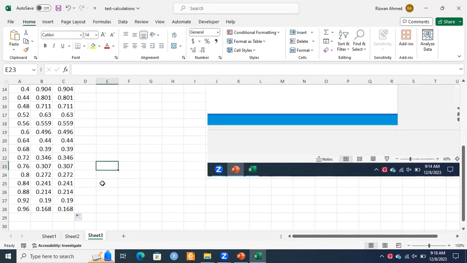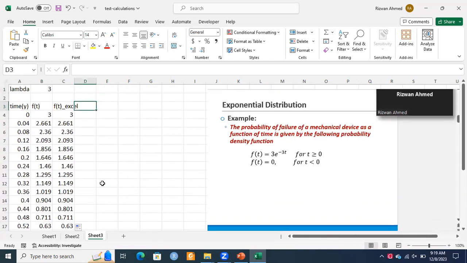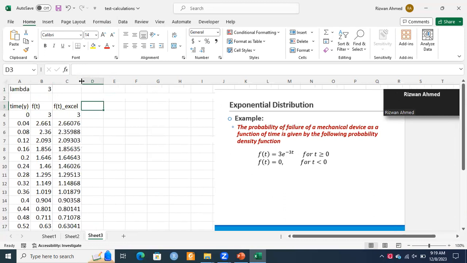So we have correct calculations. It means now I can further go for the other estimates. So this is the test: f of t from the function and f of t by the Excel given function. So they are identical. It means we can also develop something like Microsoft Excel. So that's the confidence we would like to give to our students.